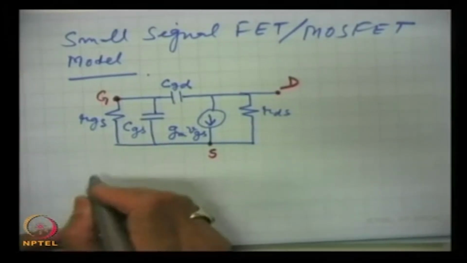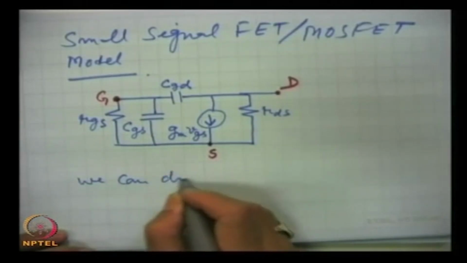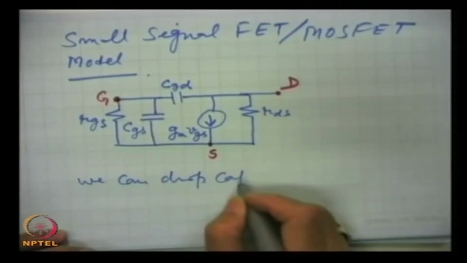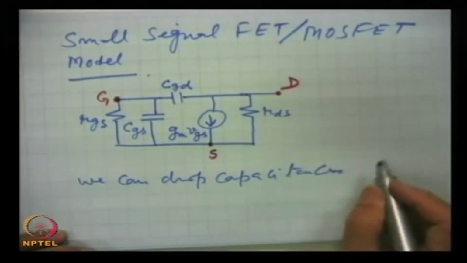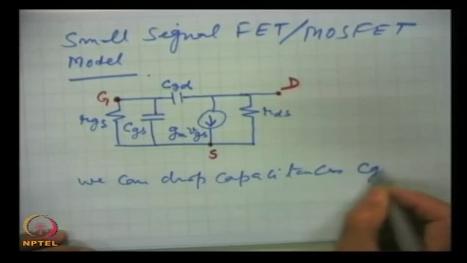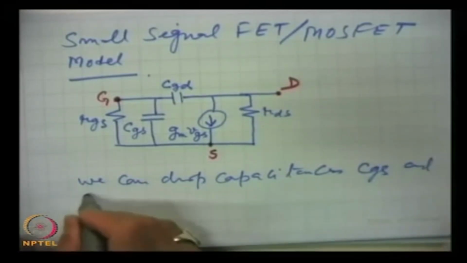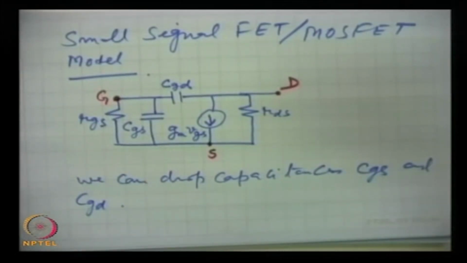So, we can drop the capacitances CGS and CGD for the frequencies which are presently under discussion.